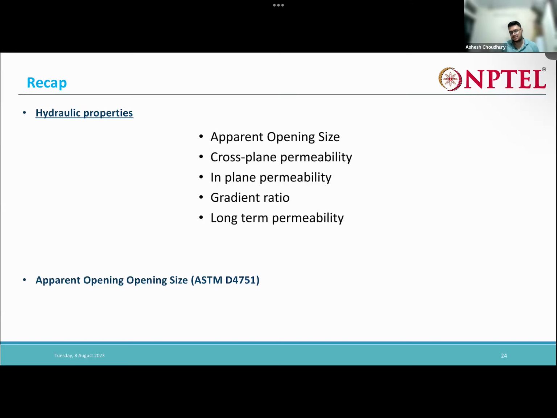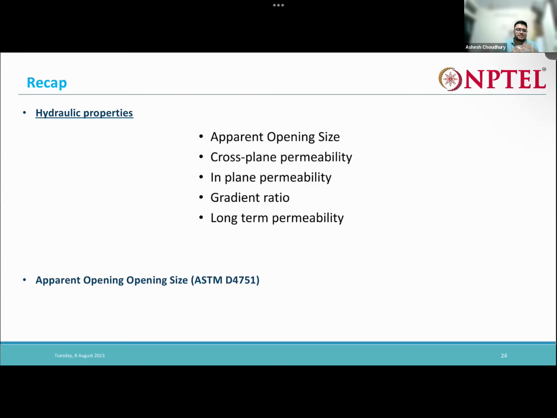the geotextile. Okay, that is defined by the apparent opening size. So how do we determine the apparent opening size? What we do, we just sieve the material. We just use that geotextile as a sieve. And what do we sieve?